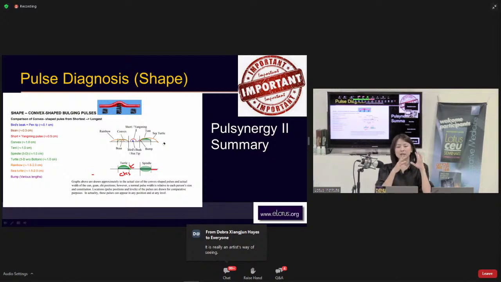So when it's bigger and occupying more space than the length of the 寸 position, that just means the patient is more bloated or the condition is more severe. It has spread to more areas of the abdomen or the small intestine. So it's not just a little bloating here, it's the entire abdomen that feels bloated. Does that make sense?